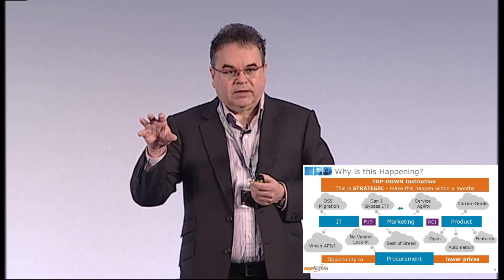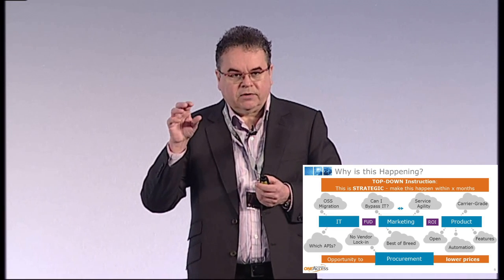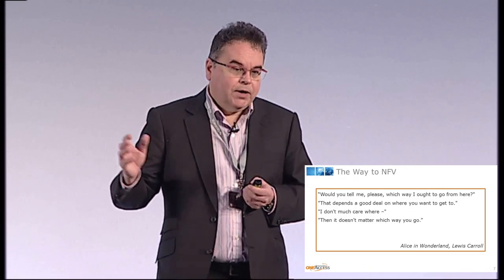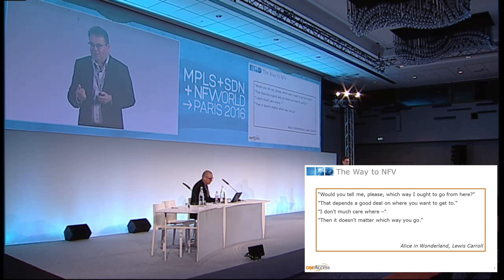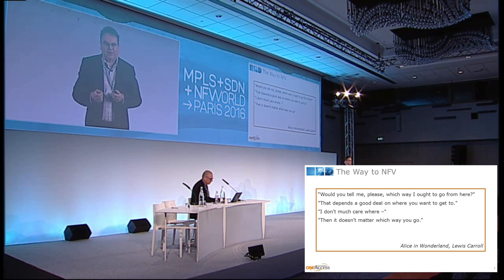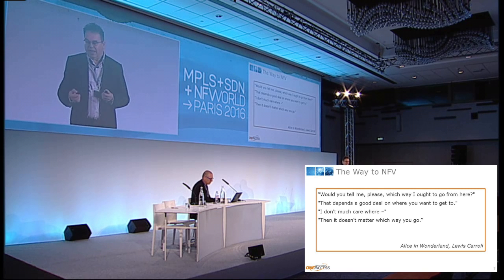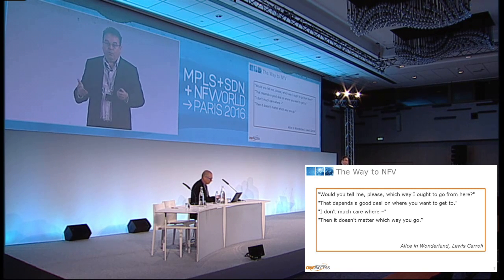Because everything is new, they're also struggling to create those clear goals and outcomes when we go into a lab and test. So those of you who have watched the film or read the book will remember this episode from Alice in Wonderland, that Alice asks, where do I go?